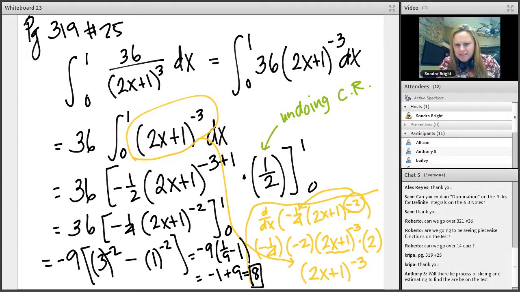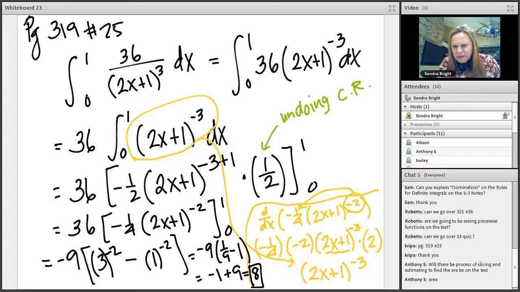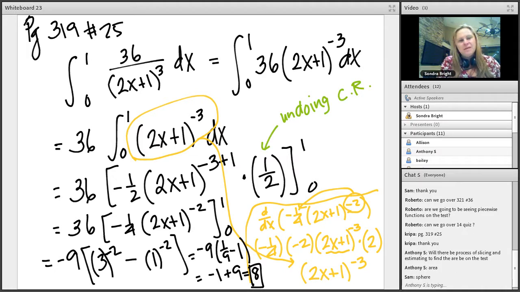Will there be a process of slicing and estimating to find the area on the test? Yes, as far as trapezoidal rule, LRAM.